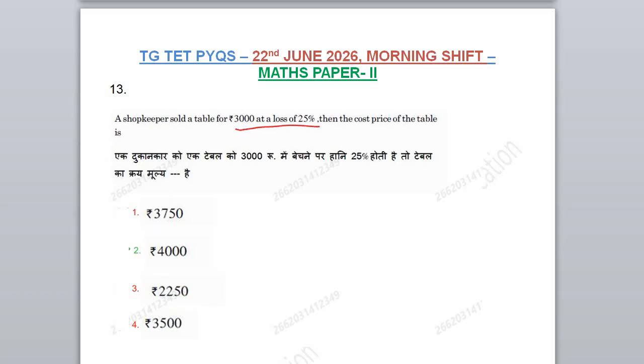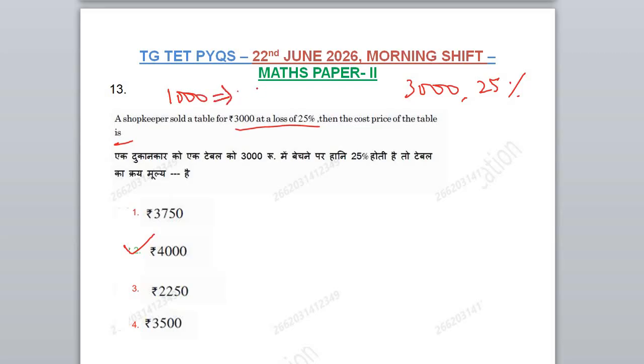Then the cost price of the table is, cost price मान करना है. 3,000 में बेचा तो 25% लॉस हो रहा. सो ऑर्डिनरी वे में भी अगर आप देखेंगे, फार्मूला तो करेंगे हम, तो 3,000 में बेच रहा हूँ मैं, तो 25% लॉस आ रहा. मतलब क्या है, 4,000 था उसका रेट. तो अगर आप ये आंसर में ऑप्शंस देख लीजिए, 4,000 अगर उसका रेट ले लिया आप, तभी 25% उसका माइनस करें तो क्या होता है 3,000, 1,000 4 मरतबा.